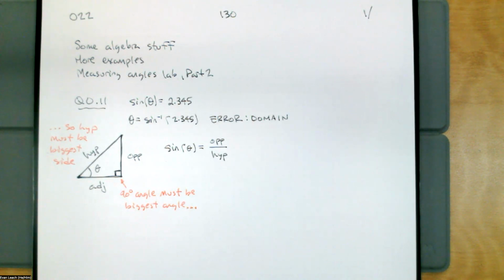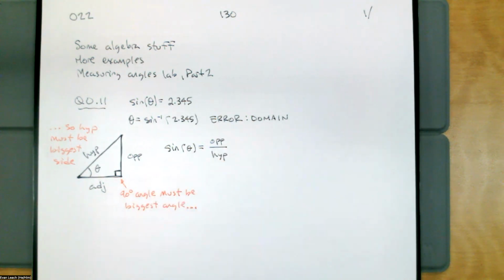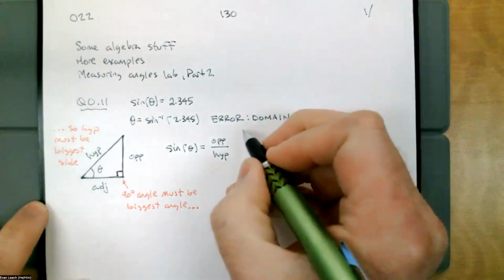Now let's look at what we're doing when we build the ratio. Sine of theta is opposite over hypotenuse. Whatever we get for opposite, it has to be smaller than hypotenuse. So we know that opposite must be smaller than hypotenuse.